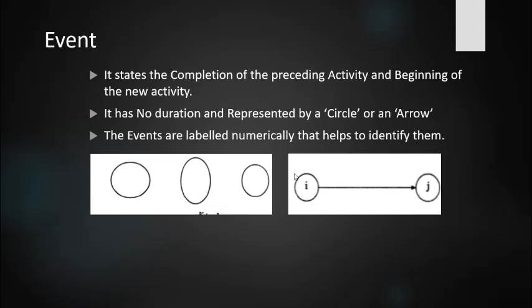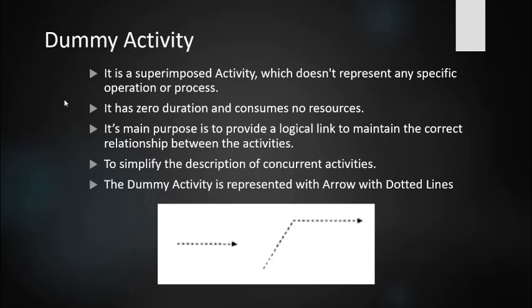So that is the event and that is the activity. Then what about the dummy activity? Just now we said a dummy activity is represented by a dotted arrow. It will not represent any main activity.